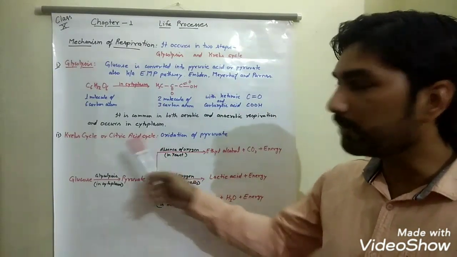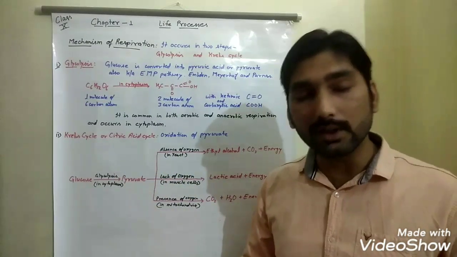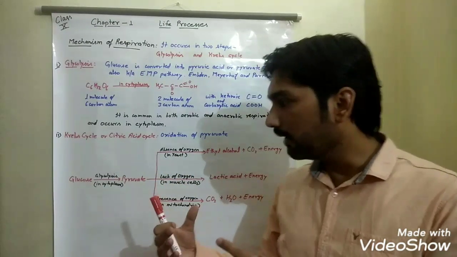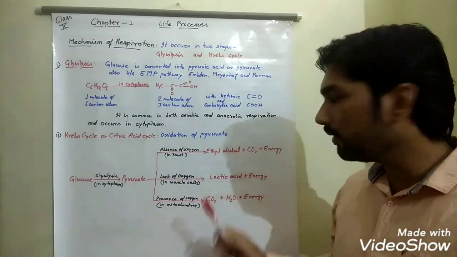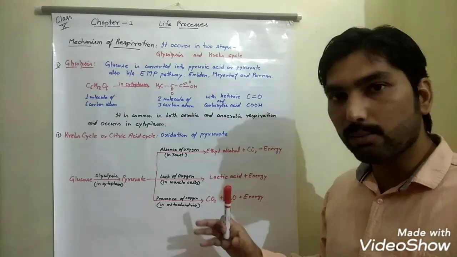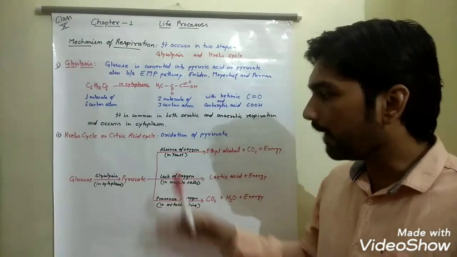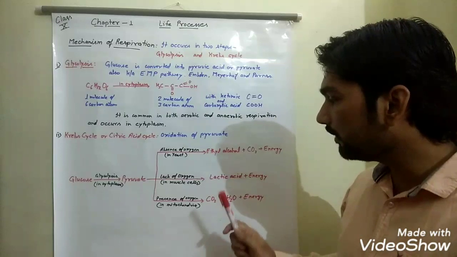The same thing, because anaerobically in our muscle cells also this can happen. So this pyruvate will be converted only into lactic acid. Actually, it is not broken down, it is conversion of pyruvic acid into lactic acid.